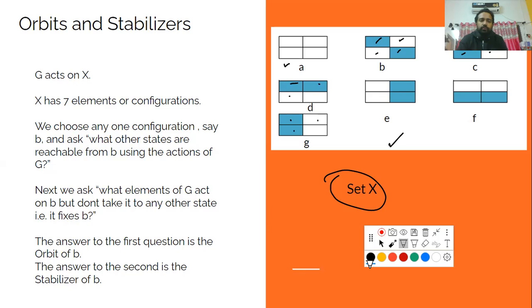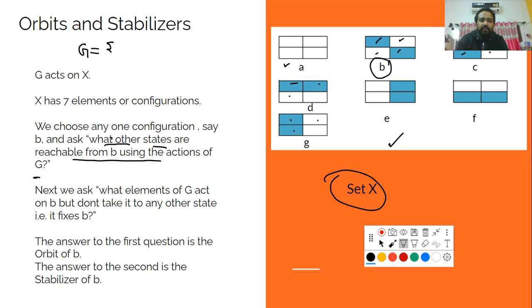We choose any one configuration, say B, and we ask what other states are reachable from B using the actions of G. So what are the actions in G?